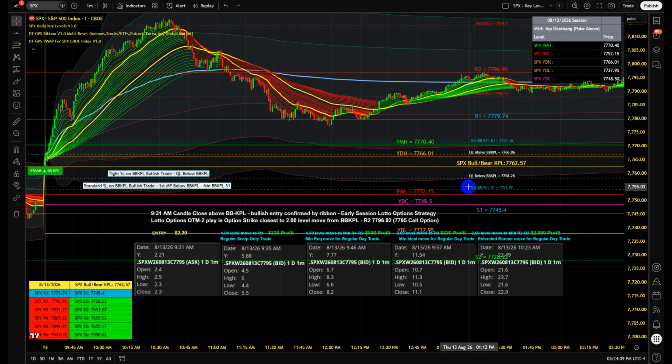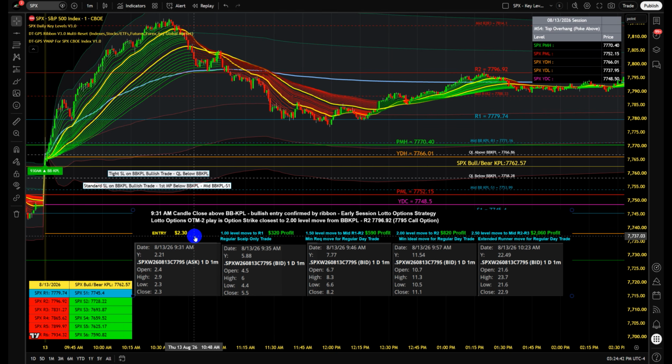Another advantage of the early session lotto option strategy is the amount of money that you're putting up. So again, if you're just looking at this as one option only, it's only $230. So you can utilize these stop losses. You can also have the option of utilizing no stop loss and just considering your $230 entry, basically your cost of the trade. And with such a low cost, you can also consider the alternative of using no stop loss.